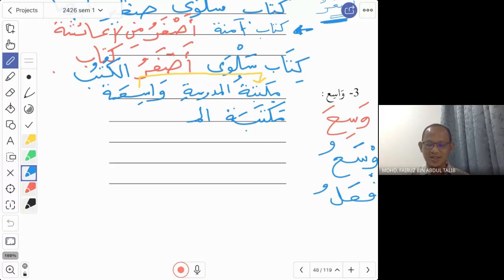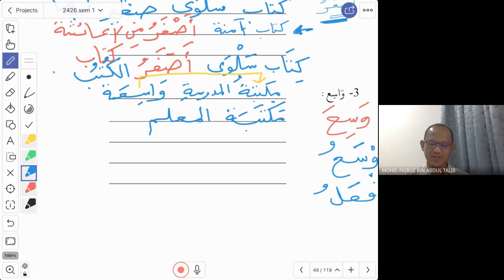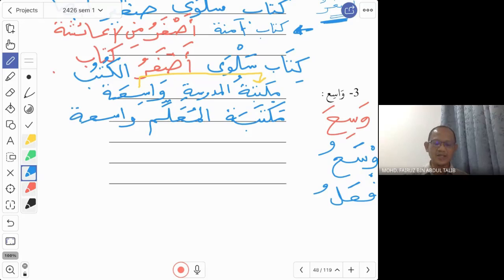You want to say the teacher's library. Okay, yes, it is possible. Maktabatul muallim. Okay, what about his maktaba? Wasi'atun. Yes, this is wasi'atun. So his maktaba is also wasi'atun.